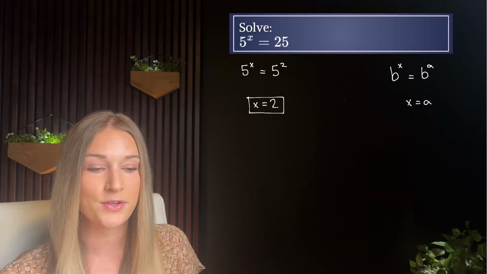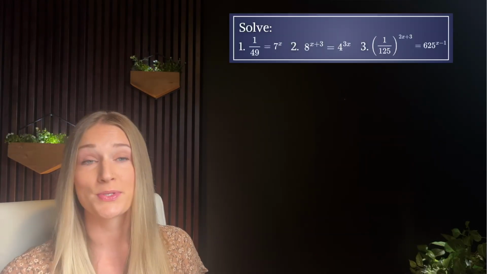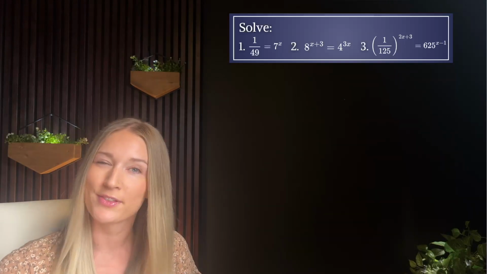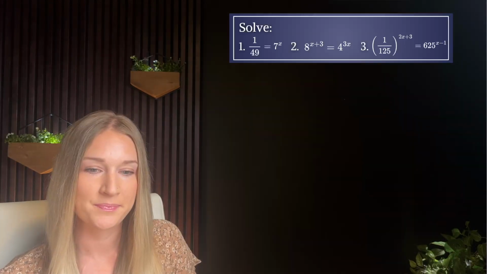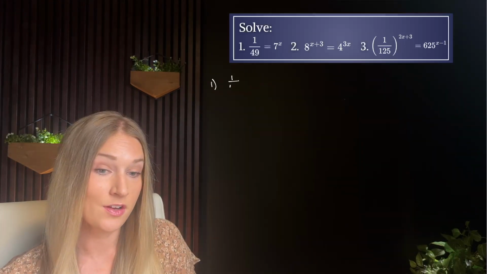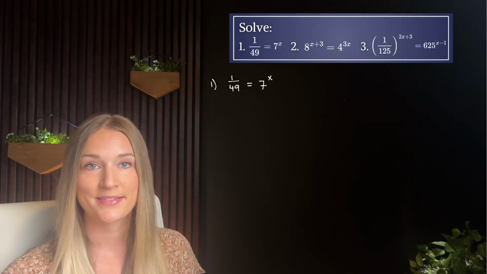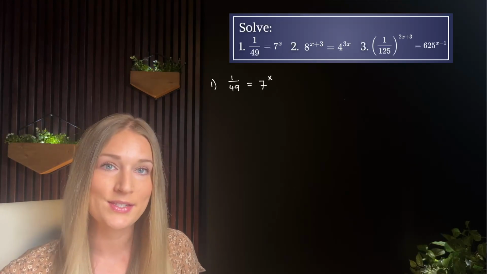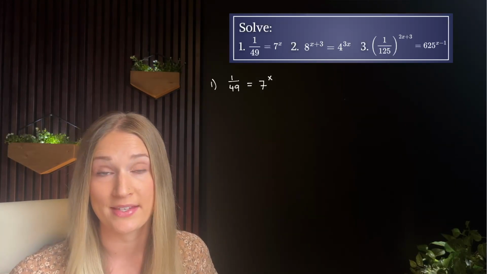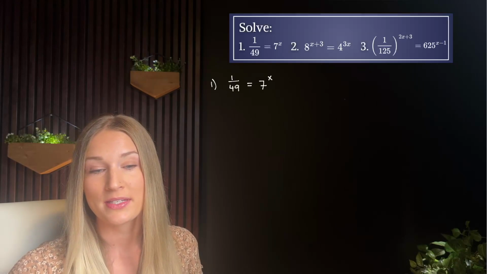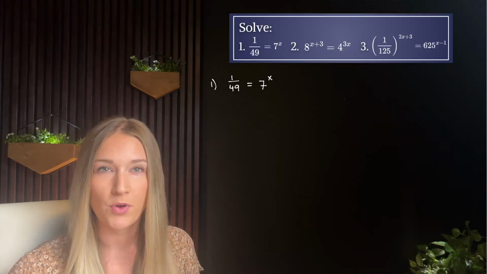Okay, let's go through a few more. These ones are going to require a lot more thinking. Number 1. I've got now a fraction on the left, 1 over 49, and that equals a whole number to the power of x. So I want to write these two things as the same base if I can. I notice that 7 can't really be broken down.